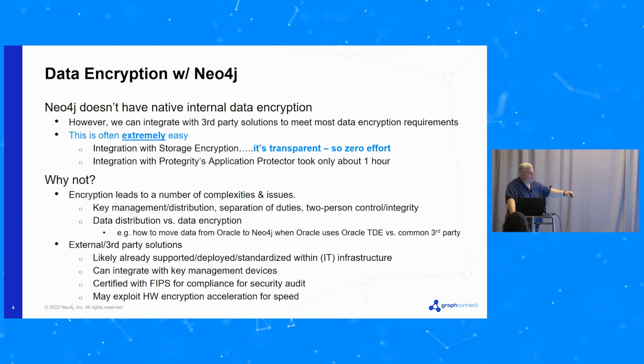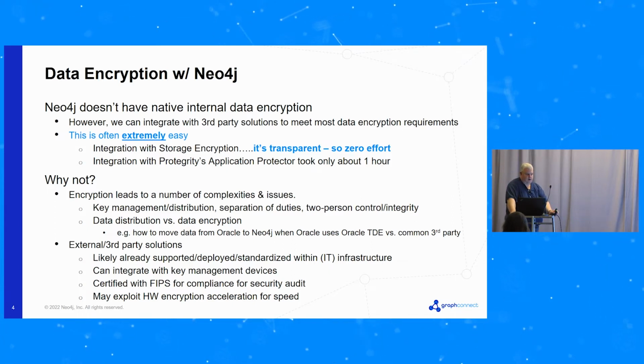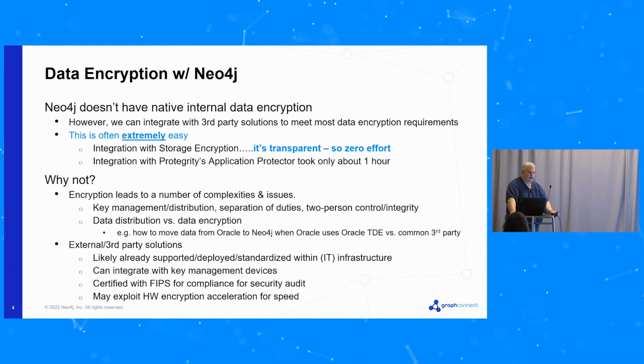To really support encryption, you need a lot of infrastructure inside the database, because there's key management issues, there's data distribution issues. Like I said, though, how does Mongo support getting the data out of Mongo? Problem, right? And then you get into the separation of duties, the 2-person control or 2-person integrity around the keys especially.